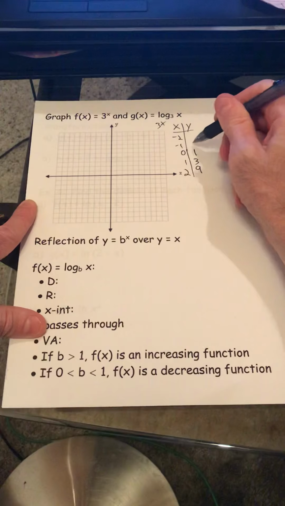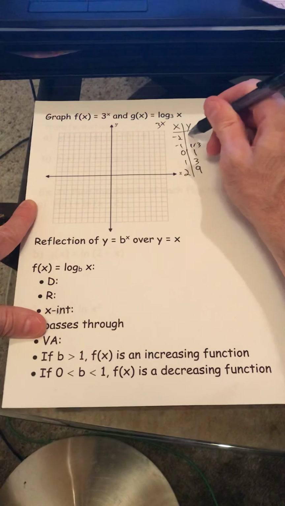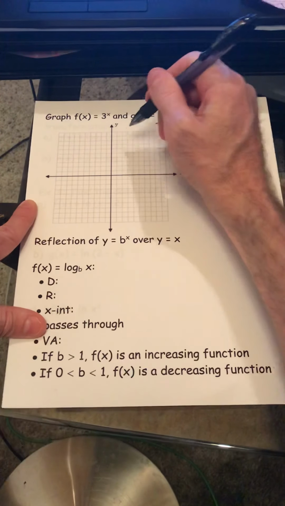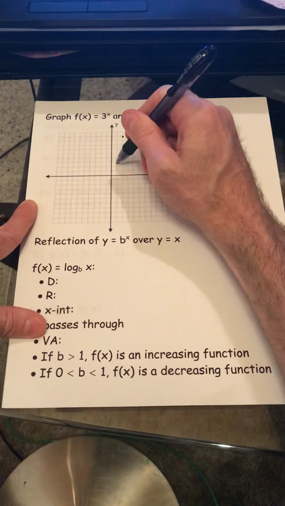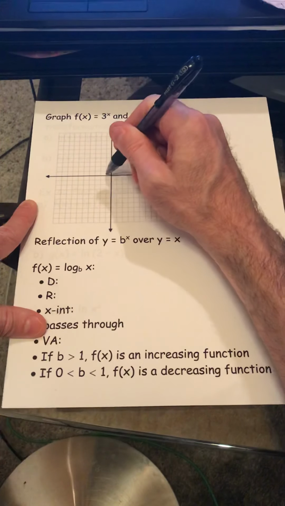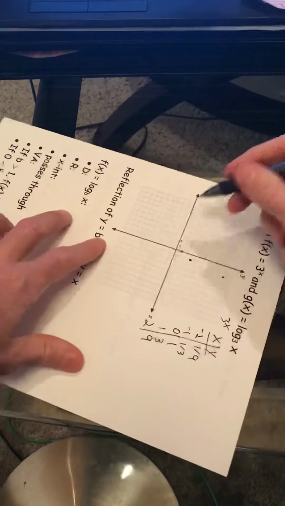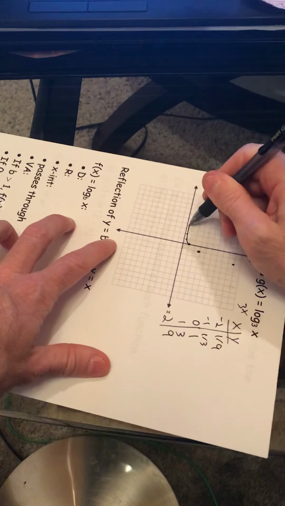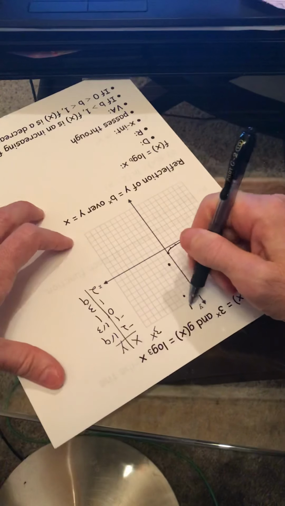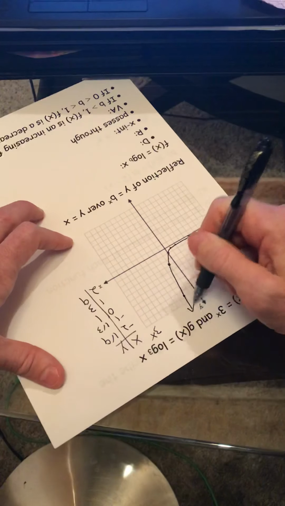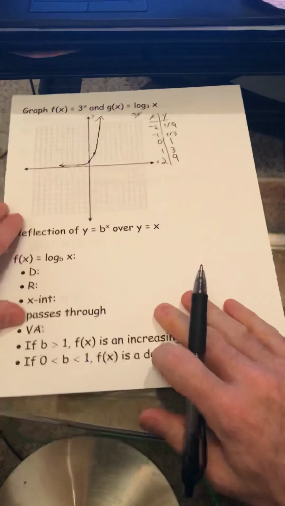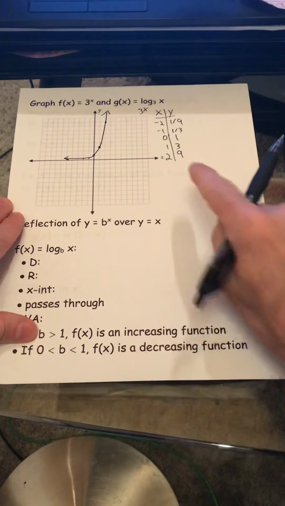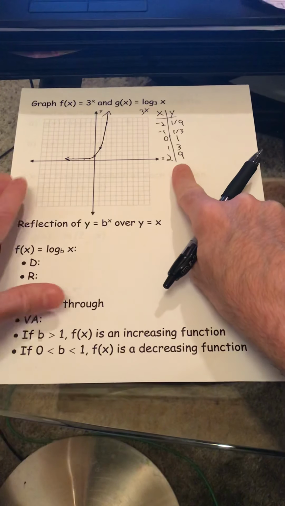And then 3 to the -1 is 1/3. 3 to the -2, 1/9. So, when I graph the exponential, all right, so there's our exponential.